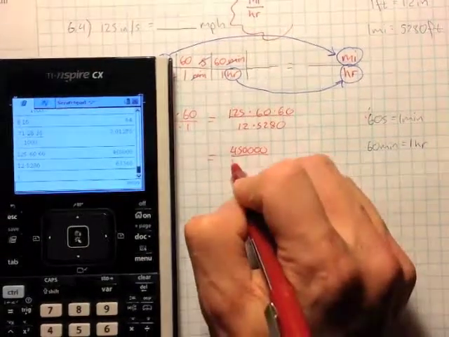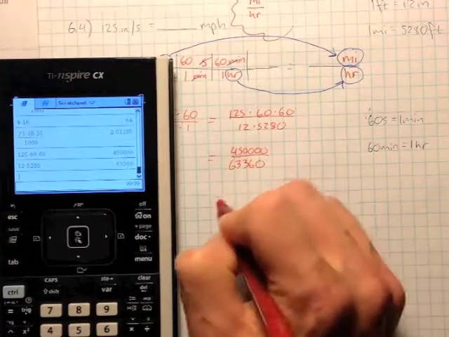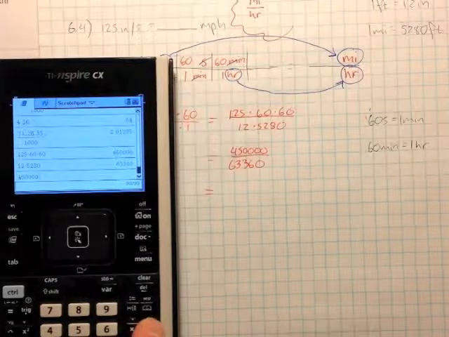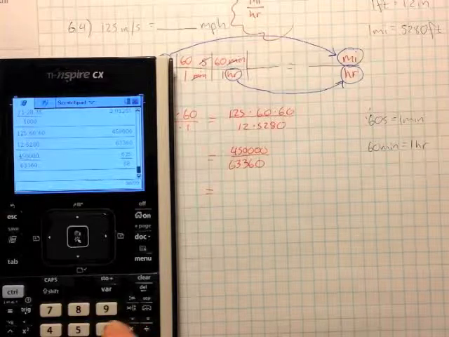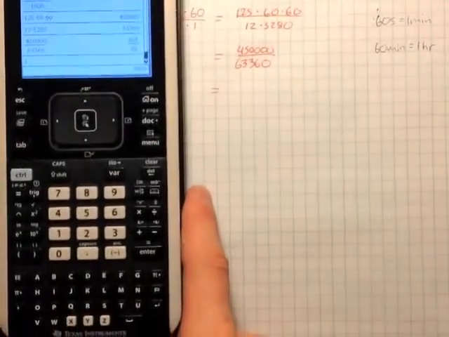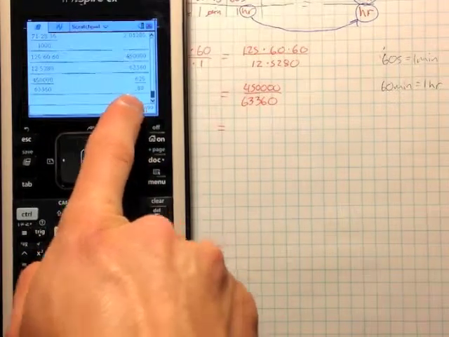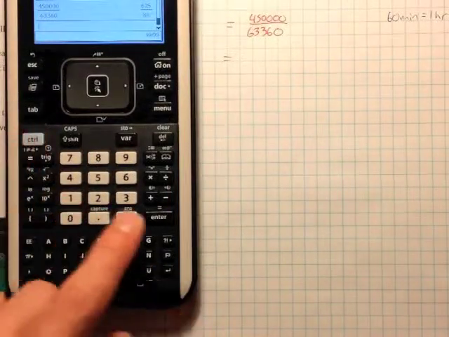That is 63,360. Now I'm going to take those two numbers, divide the top one by the bottom one, and I get a fraction. Oh, I hate fractions. Now remember, with these TI Inspires, if you get a fraction and you want a decimal, this is all you have to do. Come down here, hit Control, and then hit enter.